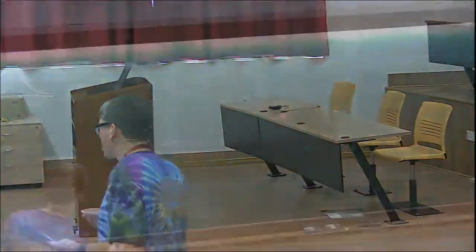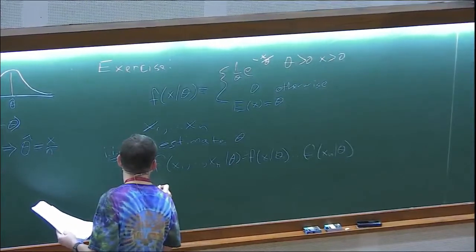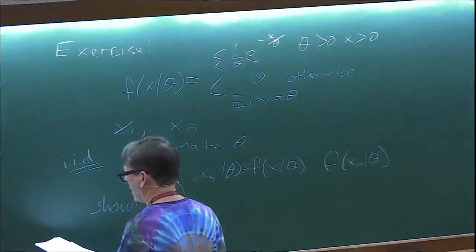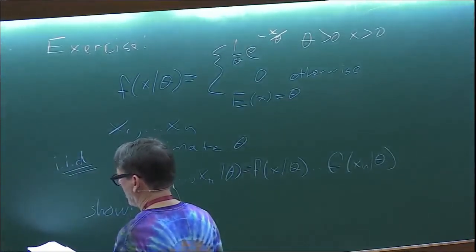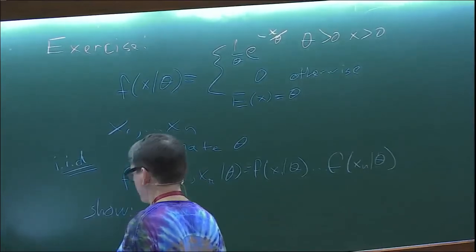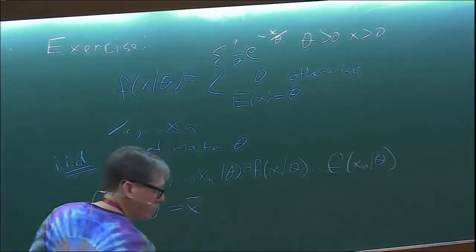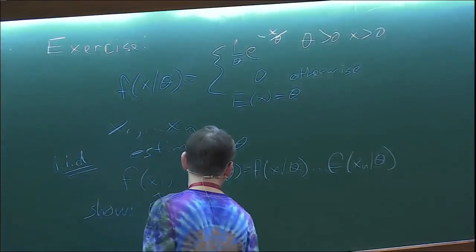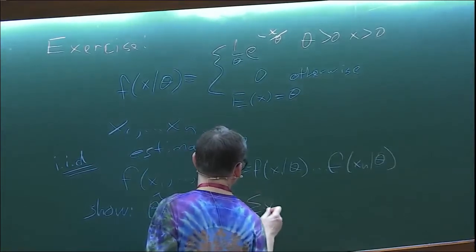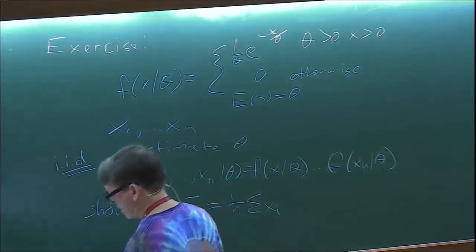Basically you should show that theta hat is simply the sample mean, x bar. Probably Vijay told you what the sample mean is. That's simply 1 over n times the summation of the x sub i.